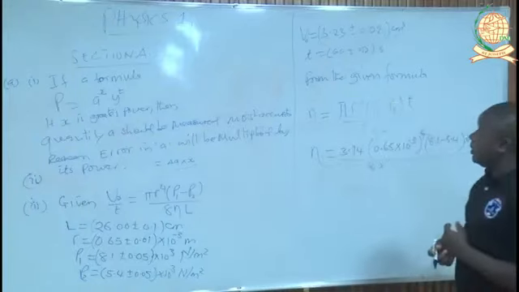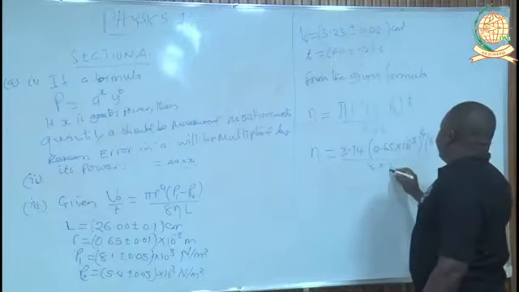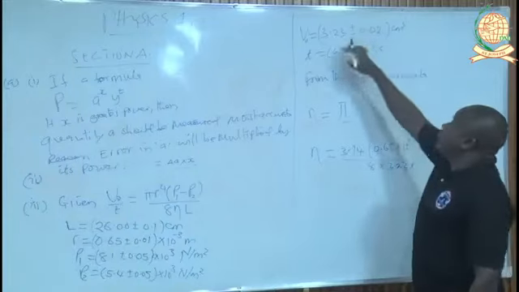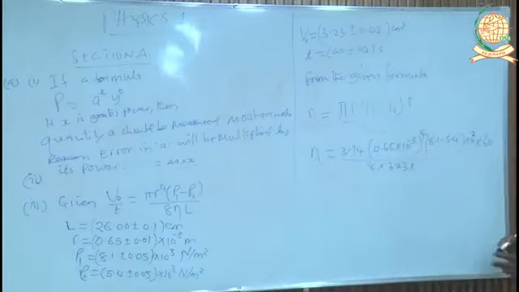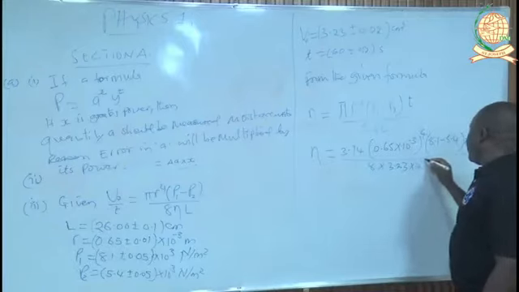Volume is given as 3.2, but because volume is in centimeter cube, we have to change it into meter cube, so times 10 to the power negative 6 meter cube.